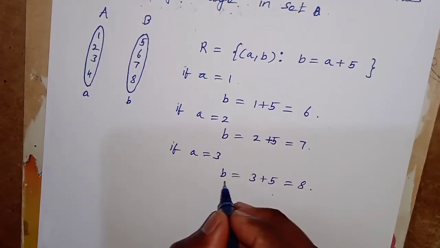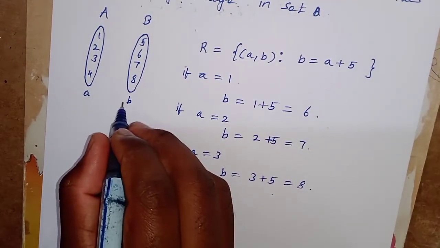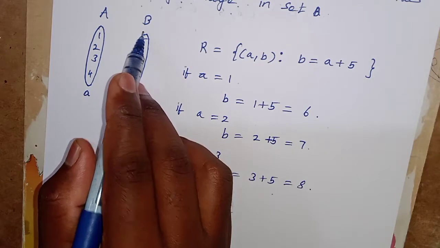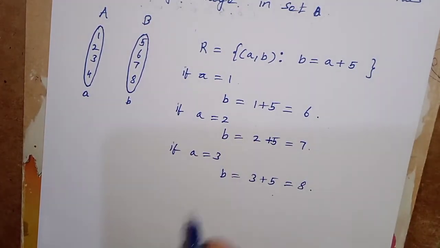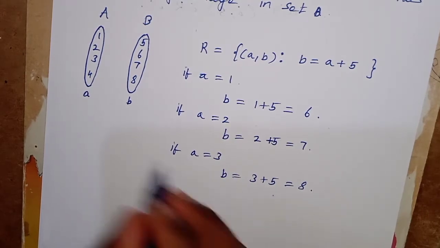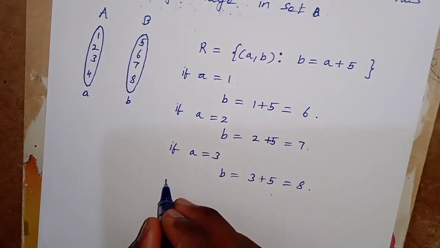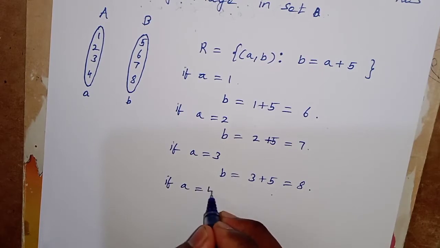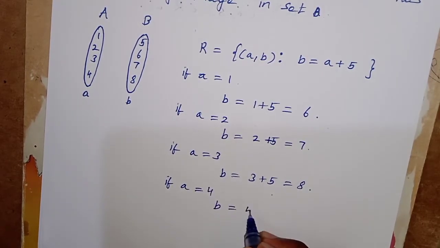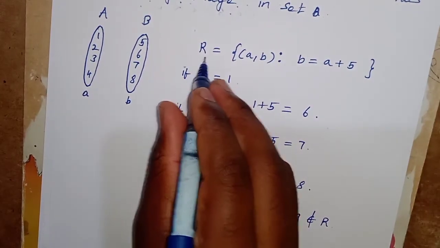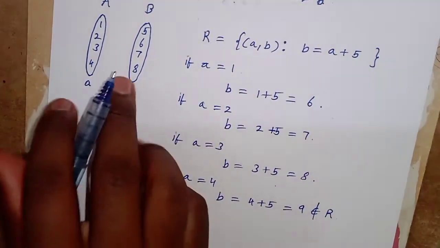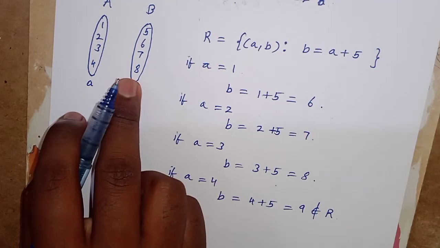Here b belongs to capital B. But if you take a equal to 4, therefore 4 plus 5 equal to 9. Here 9 does not belong to B, because here up to 8 only it is there.